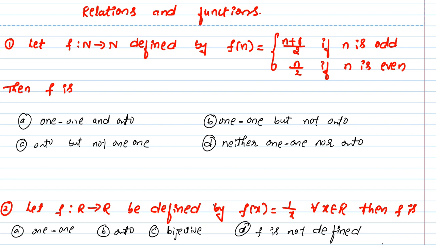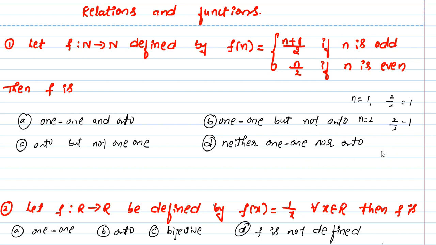Okay. For example, put n is equal to 1 in this equation. We'll get 1 plus 1 divided by 2, which is 1. Put n equal to 2, we'll get 2 by 2 is equal to 1.